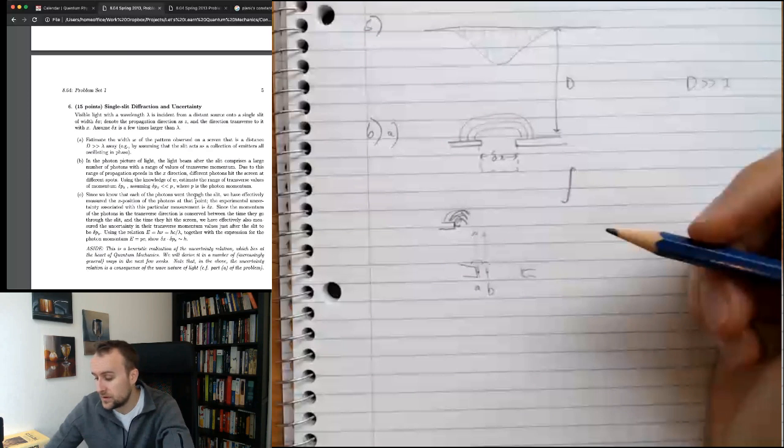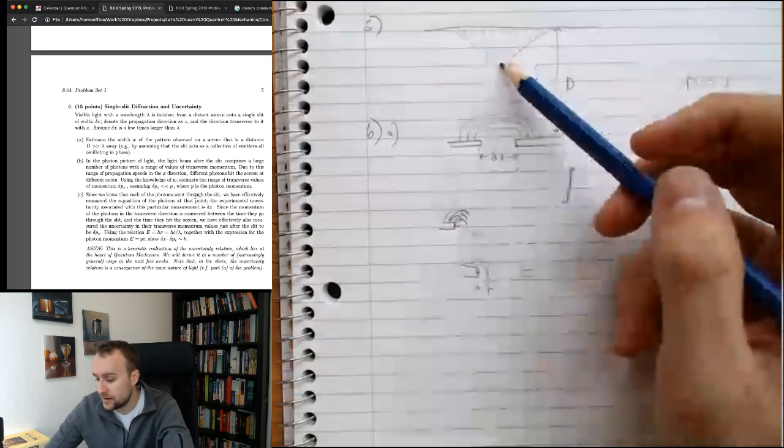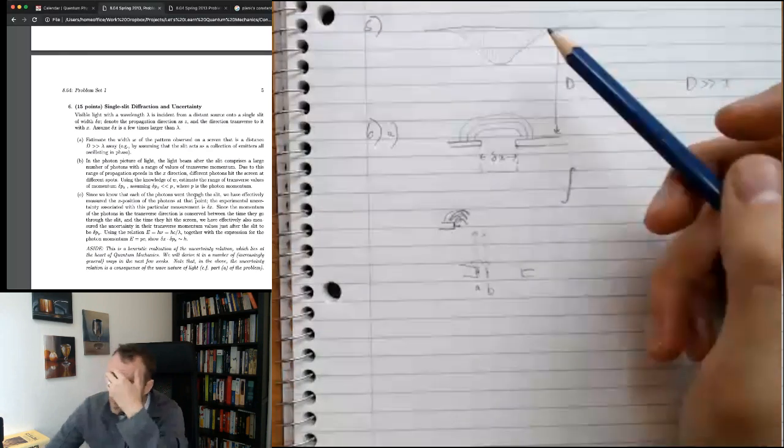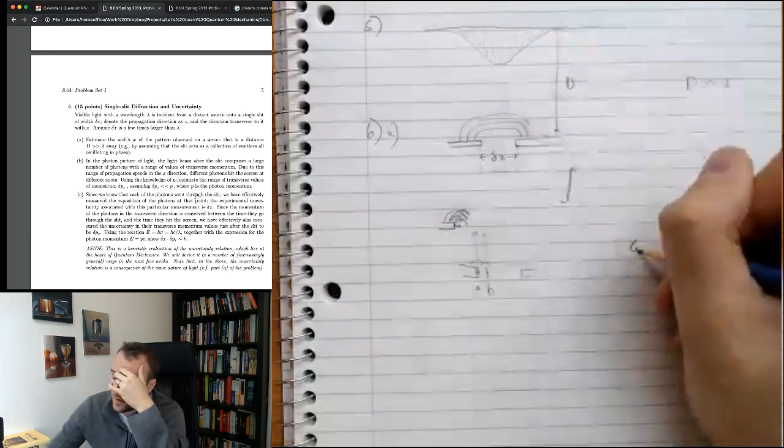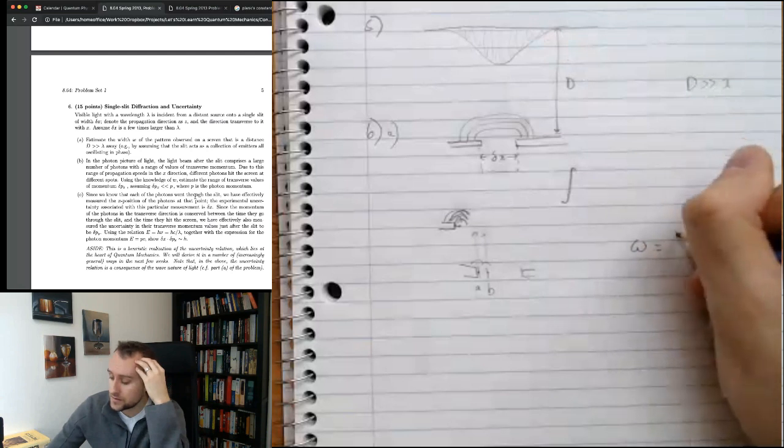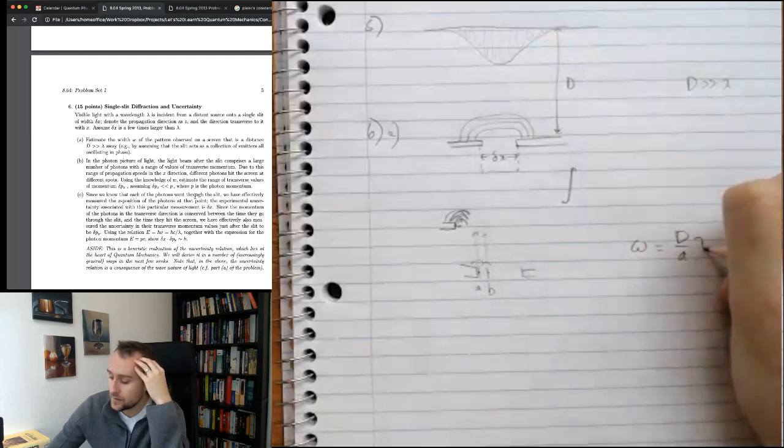So what was the formula for the interference pattern here? Well, the width is characterized by this omega, which was d over d.